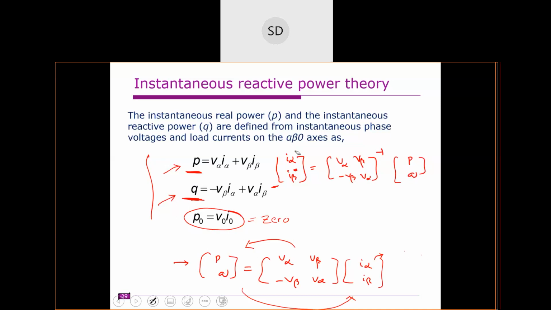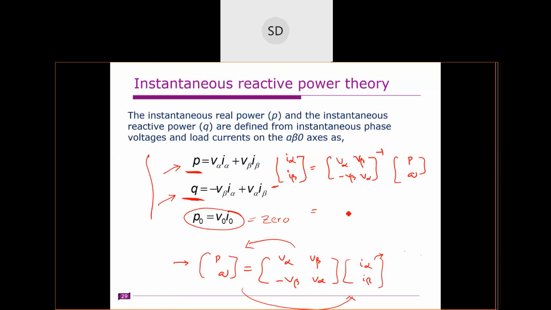Okay, I will write it in the next step. So this is the one, right? Agree? It's clear? If you want I alpha, I beta in terms of this power matrix, it will be in this shape, right? Agree? Yes, sir. Okay. So next, what is the inverse of this matrix?